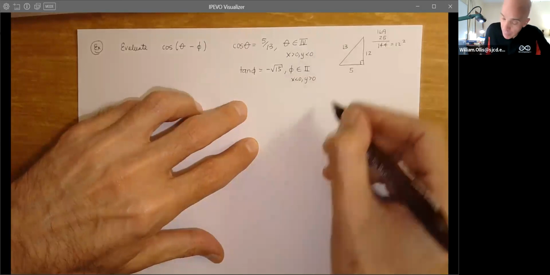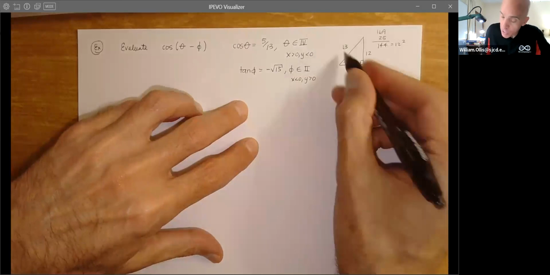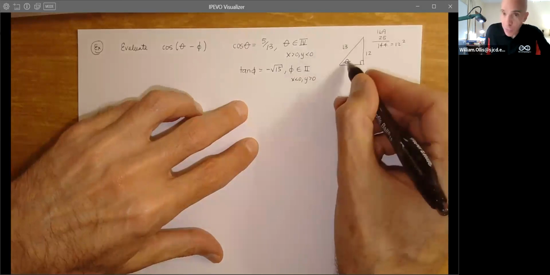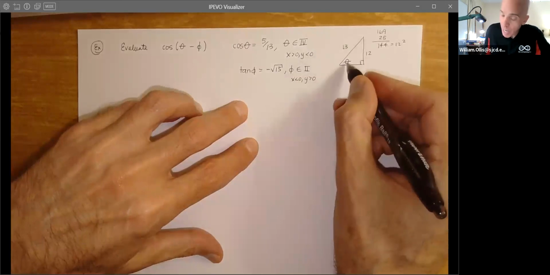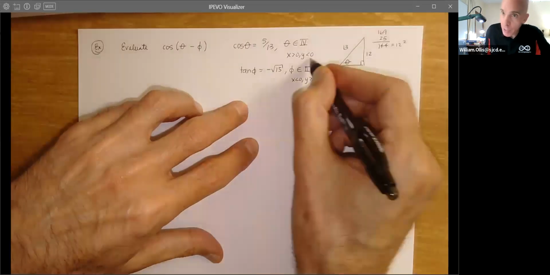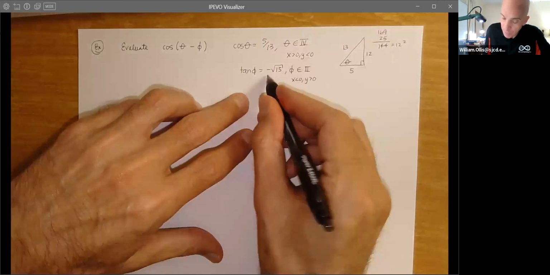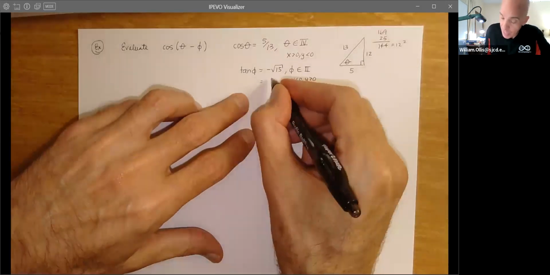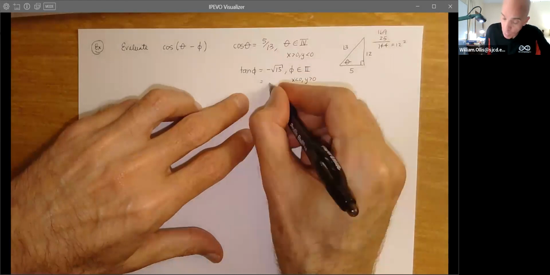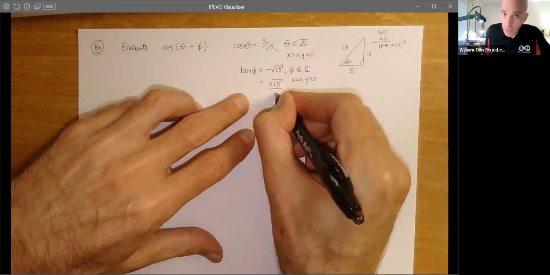So now here, adjacent over hypotenuse, that requires that our theta be placed here. And so now we can define any trig function using this sign convention here. Now for this, remember, we can think of this as our reference triangle as the square root of 15 over 1 where everything's positive.